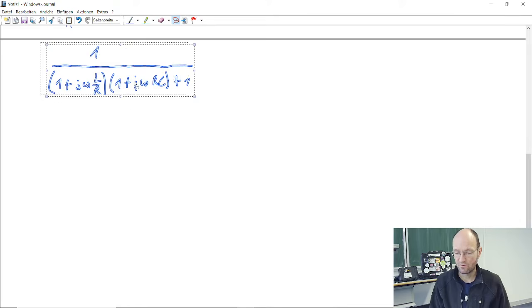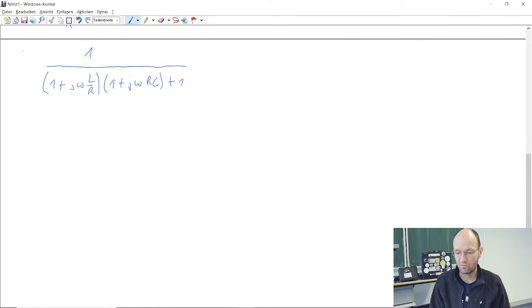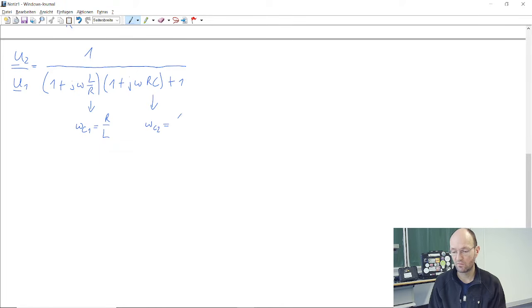So what we can try to do with this, and this was our ratio between the output voltage to the input voltage. We can introduce 2 new variables and say this here is a first corner frequency, omega C1, and this is R divided by L. And this here we rewrite as a second corner frequency, omega C2, and it's 1 over RC.